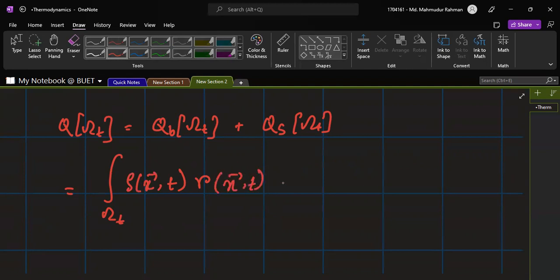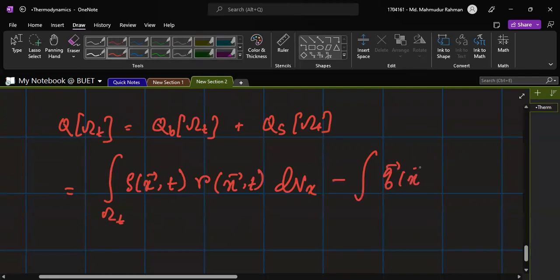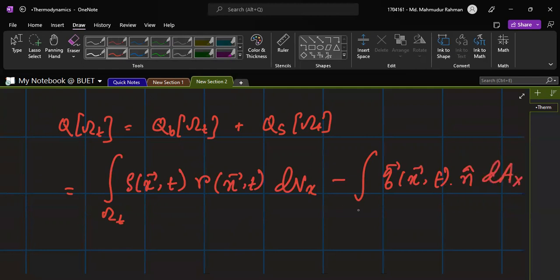It is a volume integral because it is a body heating which deals with the entire body. The body is heated because of a field that is within the body. And for the surface heating, we have the expression q of x, t dotted with n, the outward unit normal, over the surface area, integrated over the surface del omega t. So this is the final expression we have for our total net heating.